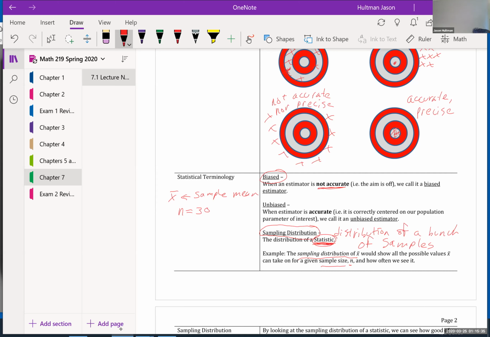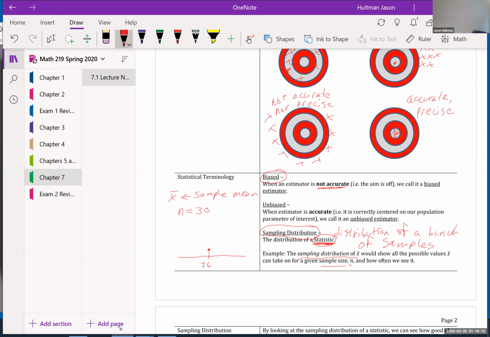One of our sample means might be 76. We took 30 items and ran the mean on that, and we got one data value. That doesn't make a distribution. That's just a statistic of one sample.